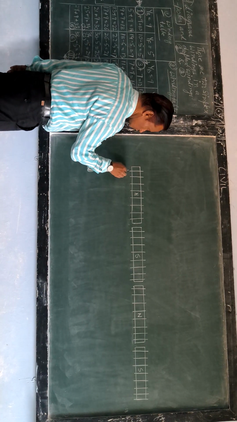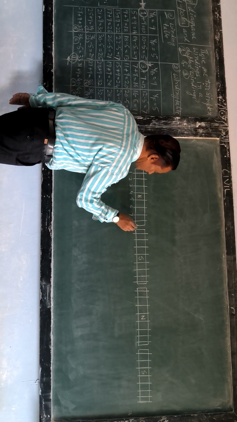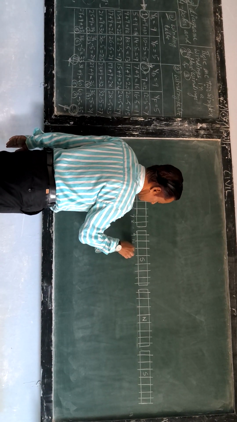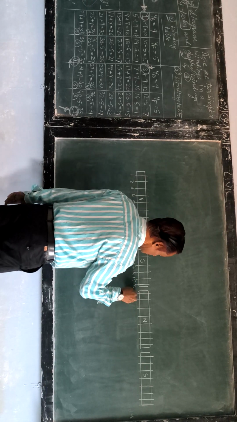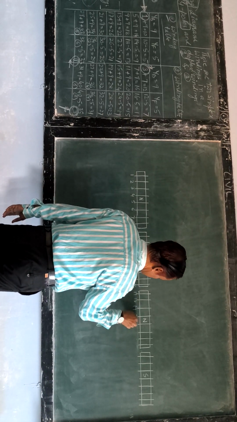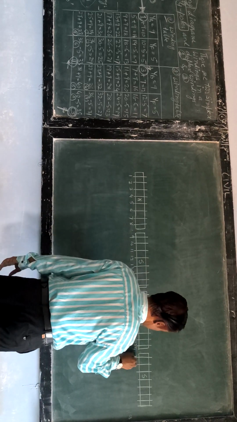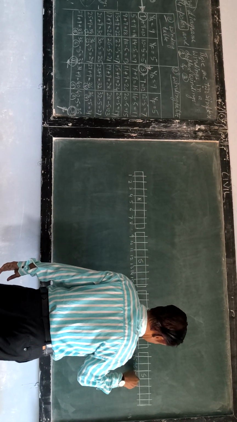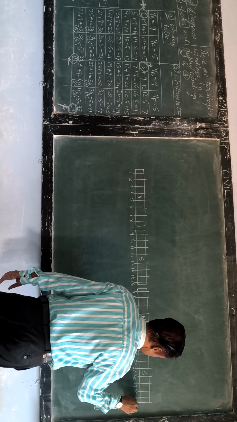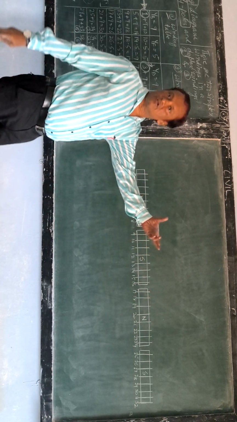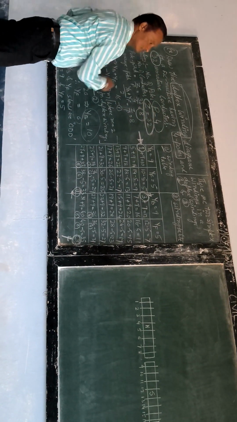I will name the slots. 3, 4, 5, 6, 7, 8, 9, 10, 11, 12, 13, 14, 15, 16, 17, 18, 19, 20, 21, 22, 23, 24, 25, 26, 27, 28, 29, 30, 31, 32. So the total number of conductors is 32.